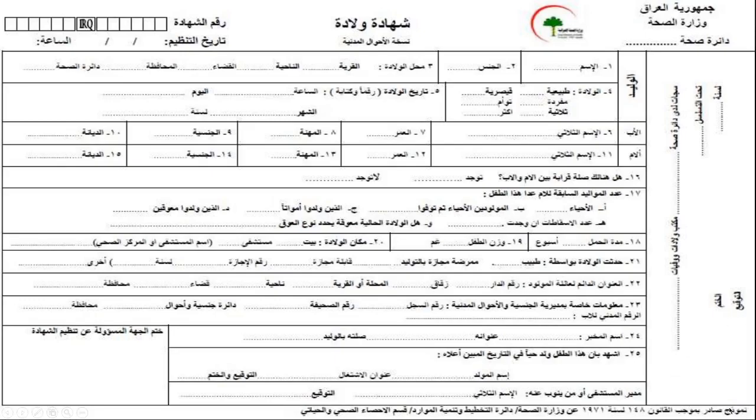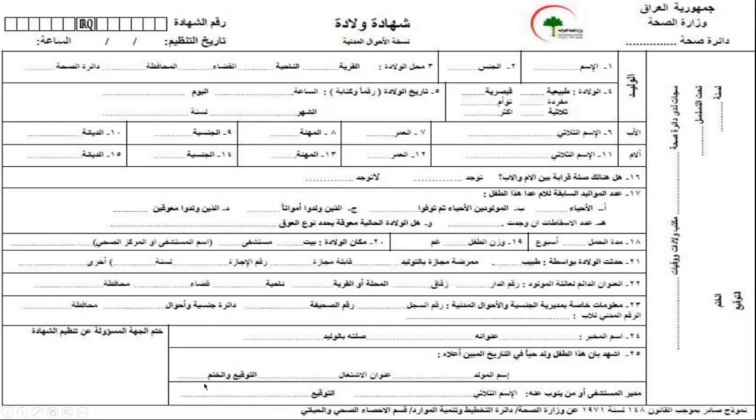Going towards the final information here, not the final of course because we have other information mentioned right here, but these are pretty simple. But نموذج صادر بموجب قانون 148 لسنة 1971 عن وزارة الصحة دائرة التخطيط وتنمية الموارد قسم الإحصاء الصحي والحياتي.